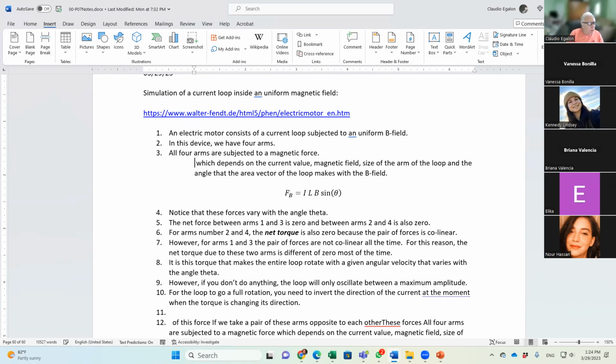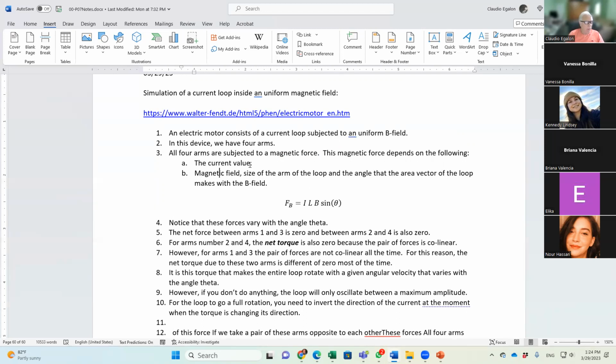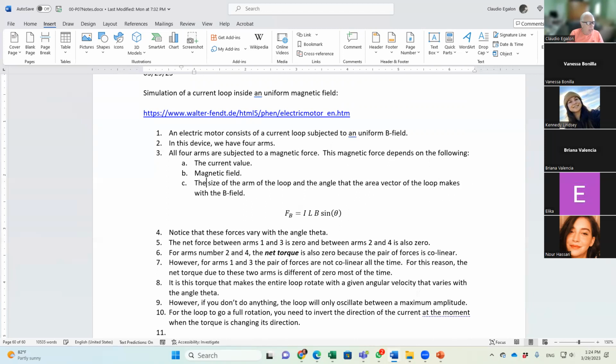This magnetic force depends on the following: first, the current value; second, the magnetic field, the size of the magnetic field; third, the size of each corresponding arm of the loop; and fourth, the angle that the area vector of the loop makes with the B field. Something like that, 1, 2, 3, 4 parameters.